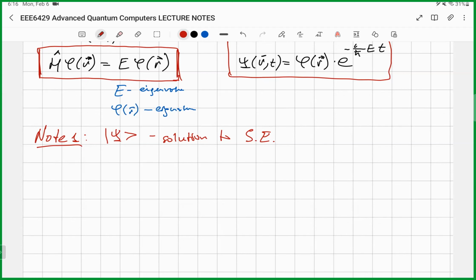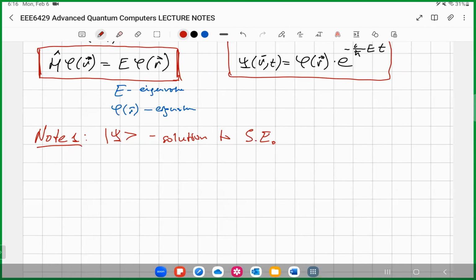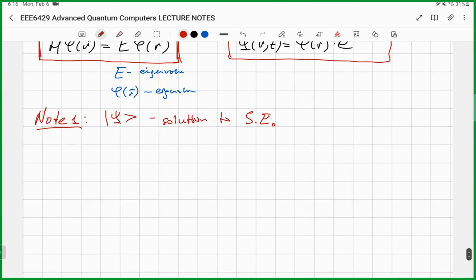But in order to use this Born rule to describe this state psi as a probability amplitude, I have to normalize my final solution to 1, basically.